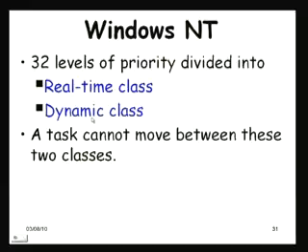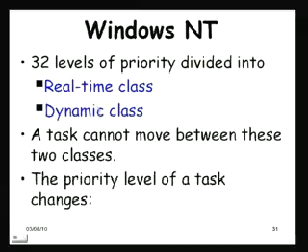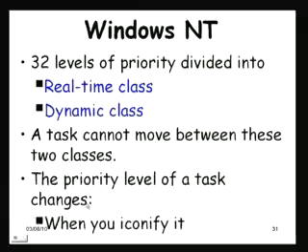So, the operating system keeps on changing the priority of the tasks that we were discussing yesterday, and once a task is assigned either of these priorities, it cannot move between these two. So, once it is a real time priority, it will continue to be real time priority. And for the dynamic class, the priority level of the task keeps on changing.